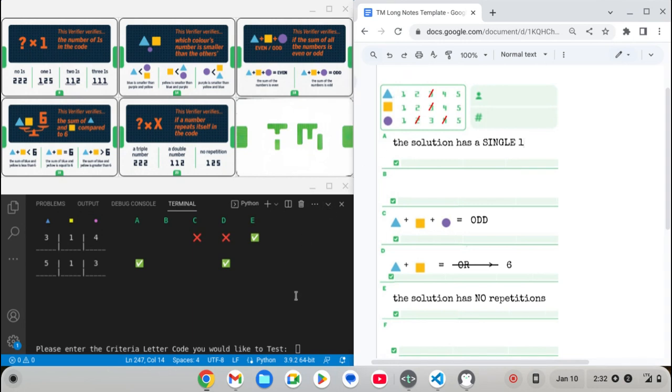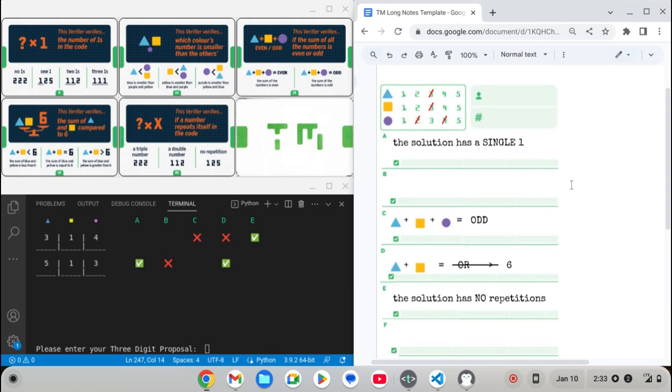So yeah, let's go ahead and test criteria card B. And so no, square is not the smallest. So I'm going to deduce that the smallest is actually triangle because of the reasons why circle can't be a 1.